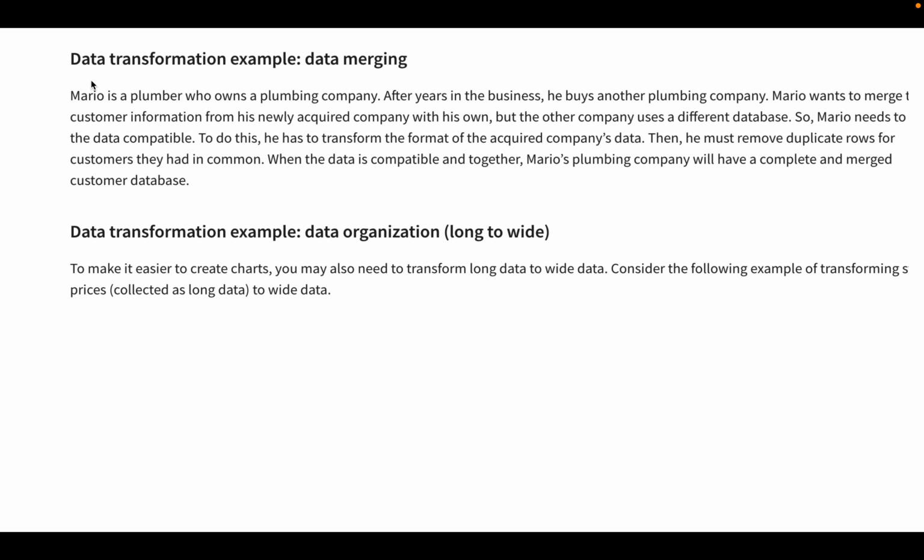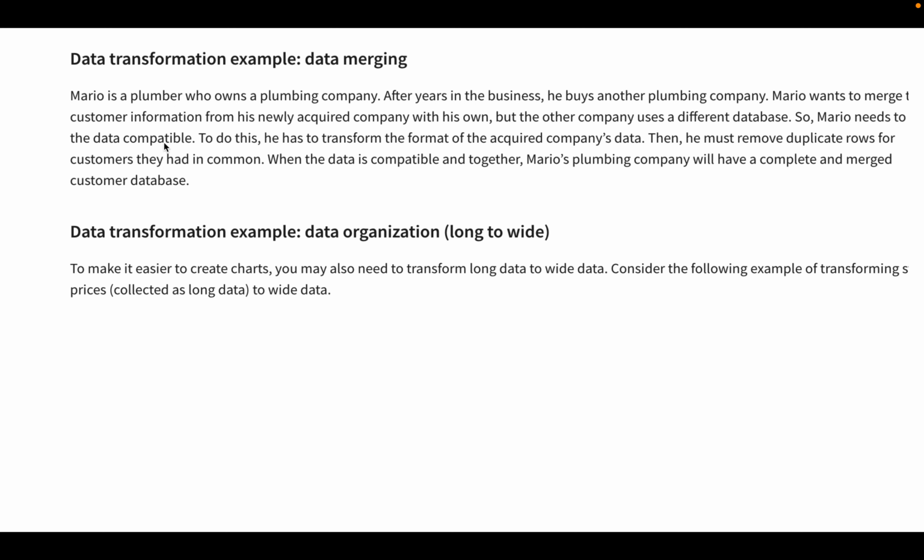Let's look at a data transformation example. Data merging is kind of usual in work. For example, Mario is a plumber who owns a plumbing company. After years in the business, he buys another plumbing company. Mario wants to merge customer information from his newly acquired company with his own, but the other company uses a different database. So Mario needs to make the data compatible.